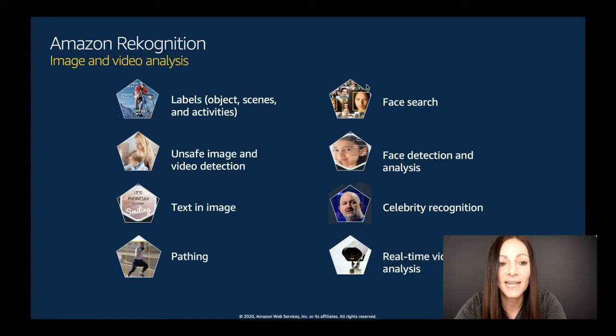But it's not only that, there are a couple more use cases that work out of the box. Next to labeling, you can also use Rekognition to do a face search, to identify unsafe images and videos, to detect faces or text in images. You can even use Rekognition to recognize celebrities, and you can do pathing and also real-time video analysis.